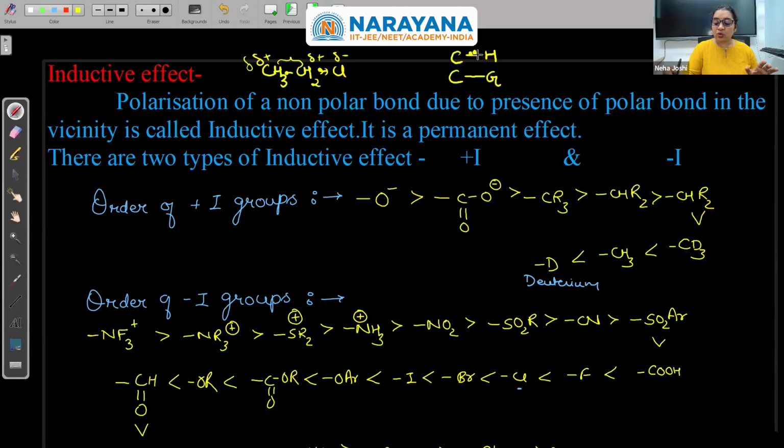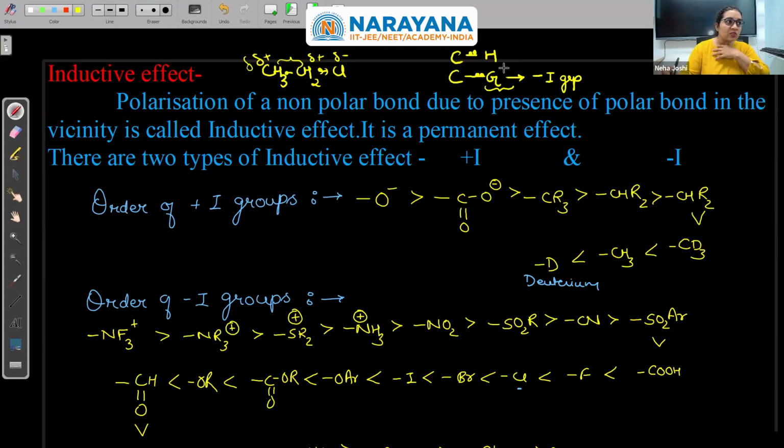If with respect to this CH bond shared pair position, it is found that electron pair is more towards G, then we'll say, okay, this G is a minus I group because it is attracting the electron pair towards itself.